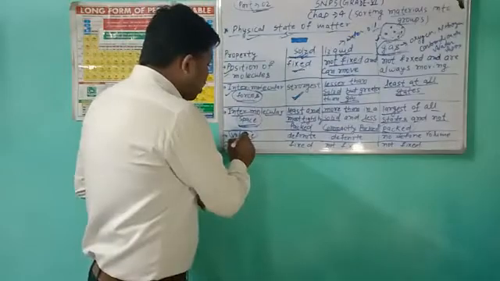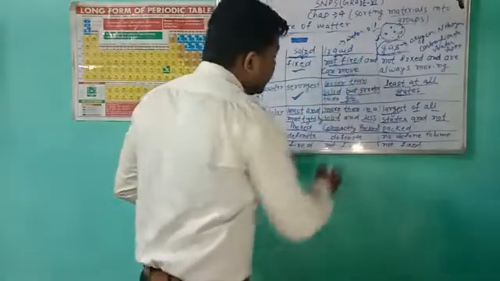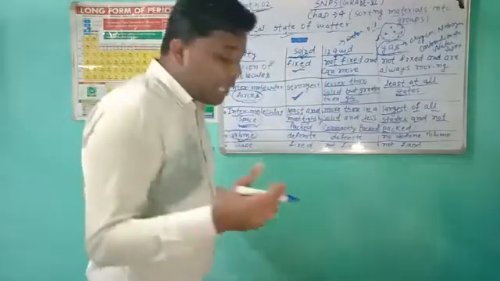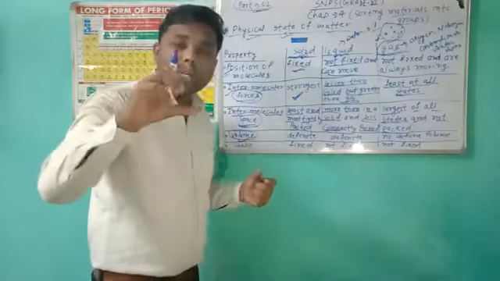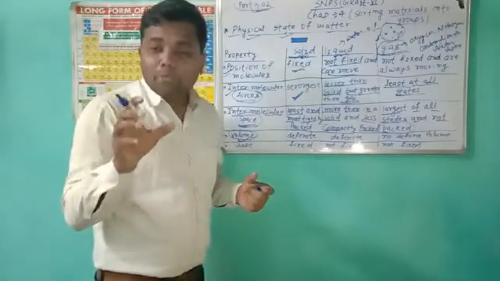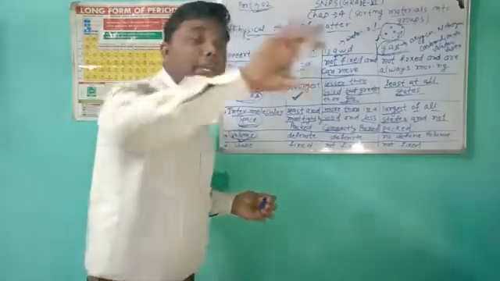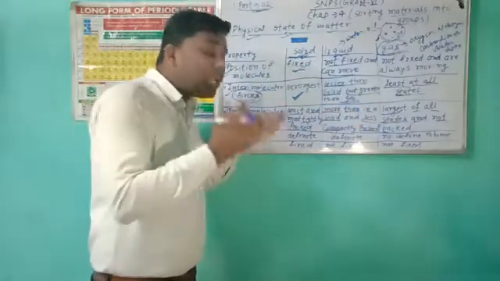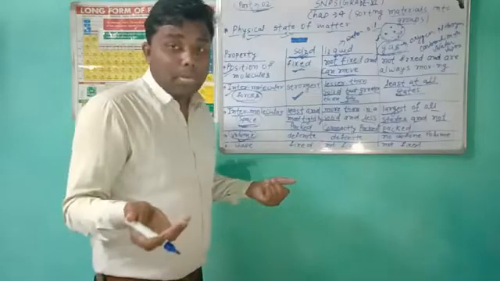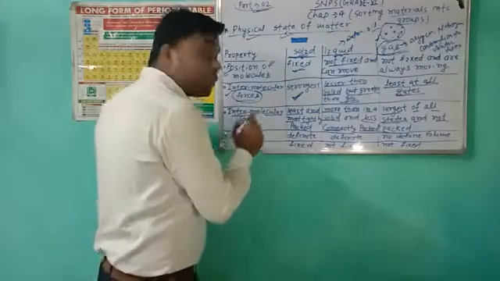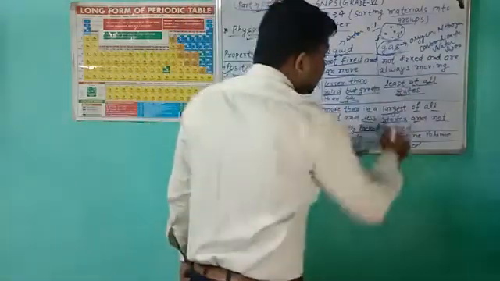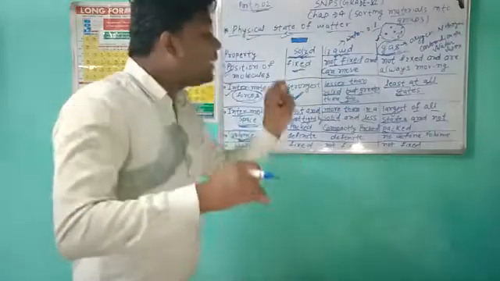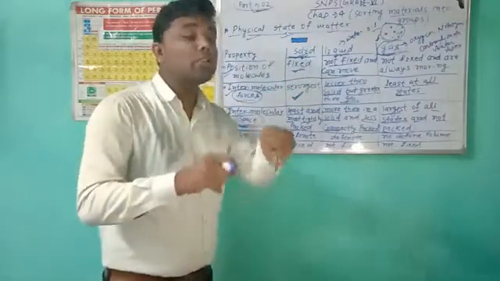And the volume of liquids is also definite. If we pour one glass of water into another container, the volume of that water does not change. But the volume of gases is not definite.